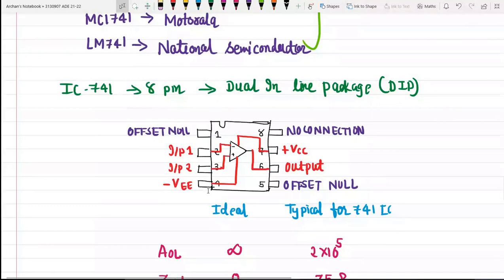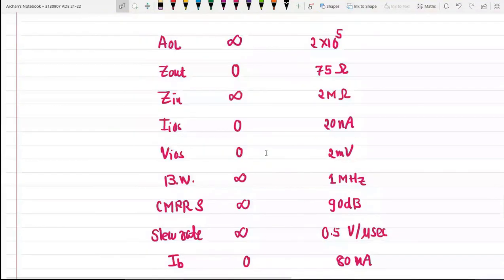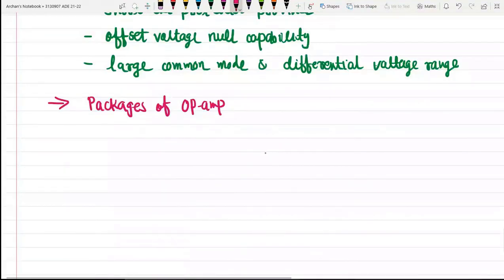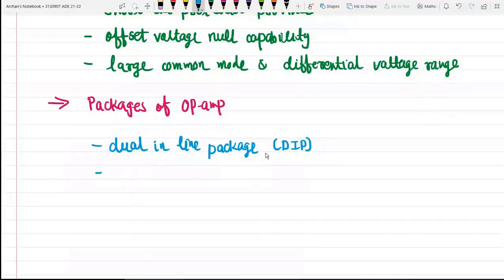This kind of package is known as dual inline package, DIP. Apart from this, you will find the IC in metal can package, which is known as TO.